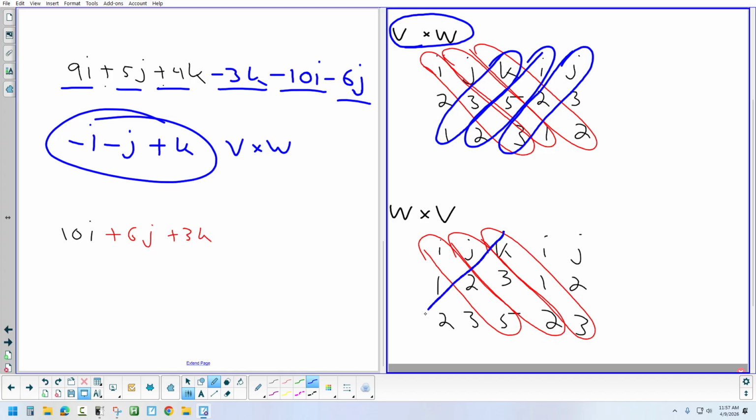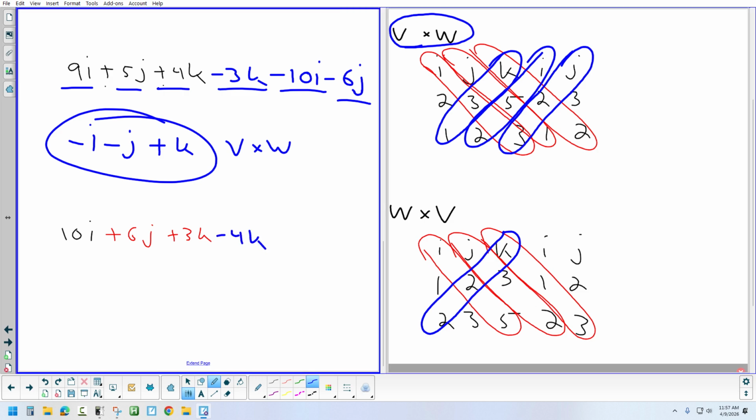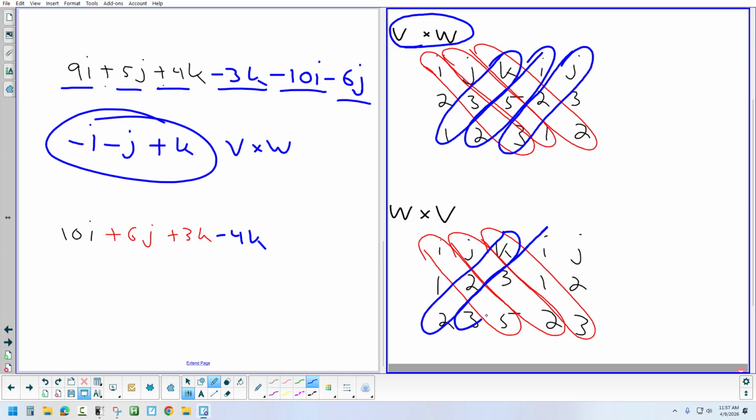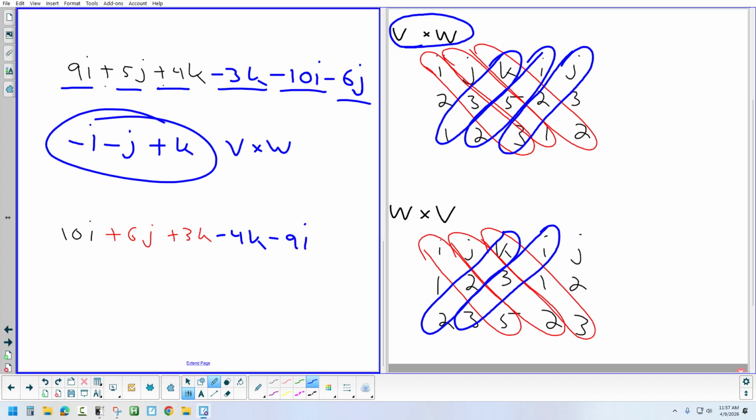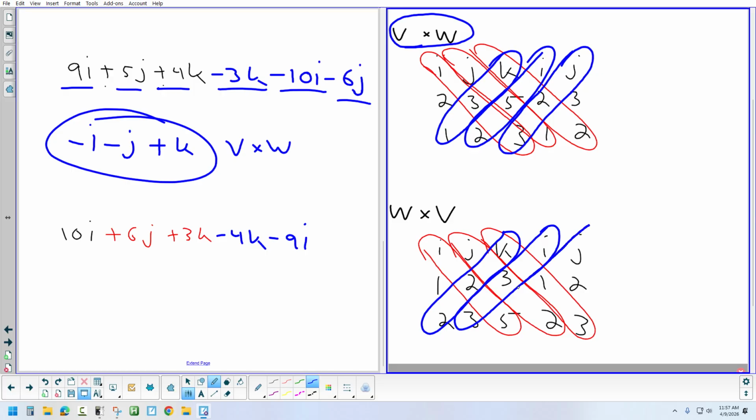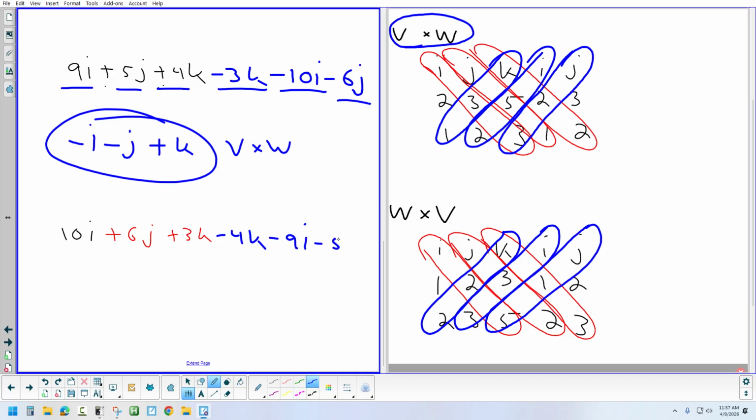Minus K22. Minus 4K. I33. So minus 9I. And J15. 5J. So subtract the 5J.